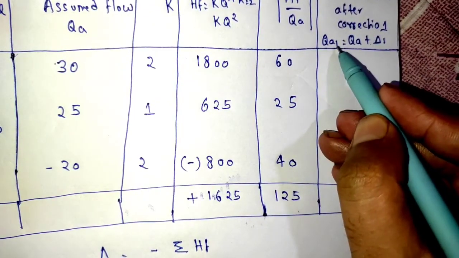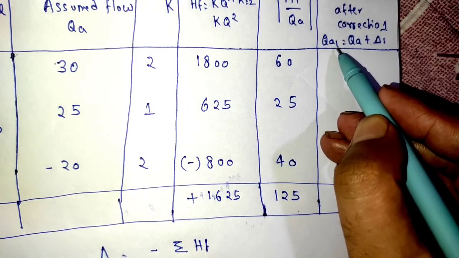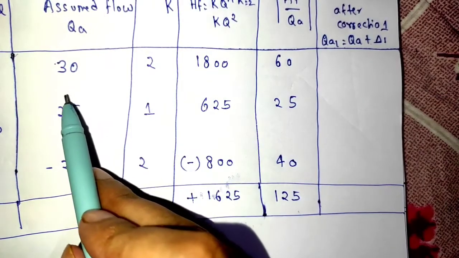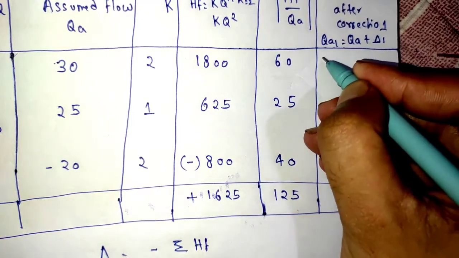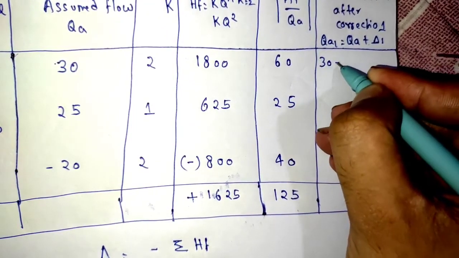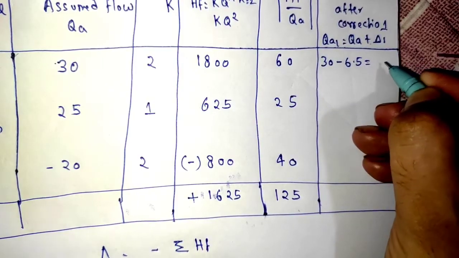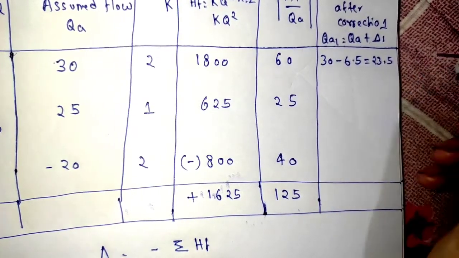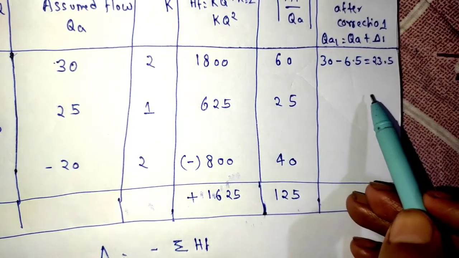So from the assumed value, your corrected Q will come out, okay? So QA is your 30, and delta 1 is minus 6.5. So you can write 30 minus 6.5, that is equal to 23.5.